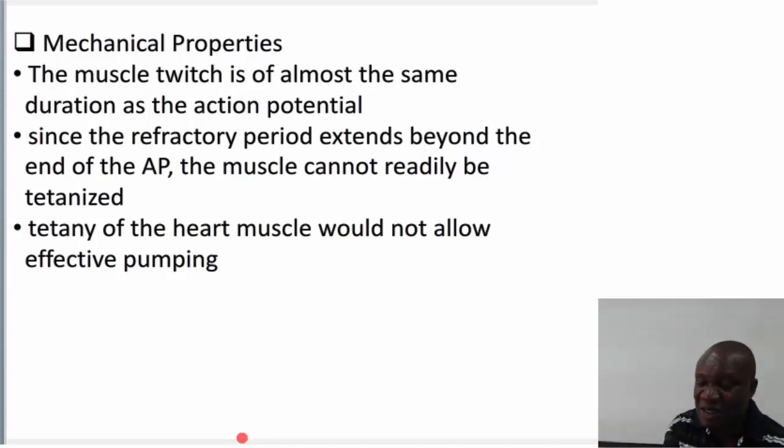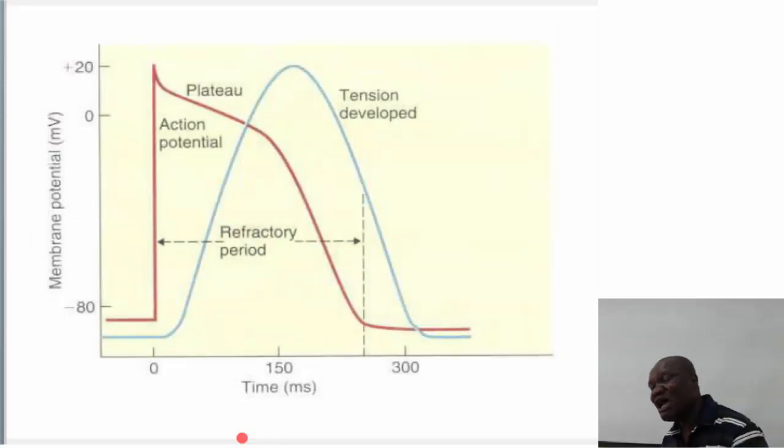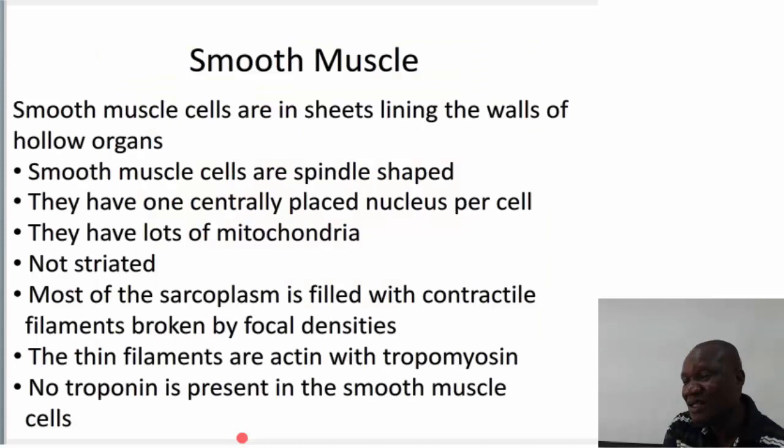In cardiac muscle, there is no summation of waves because the action potential and the mechanical response are almost the same in duration. And we know that when the action potential is in progress and you apply a second stimulus, it will hardly respond to the second stimulus. And because of this, in cardiac muscle, there is no tetanus.